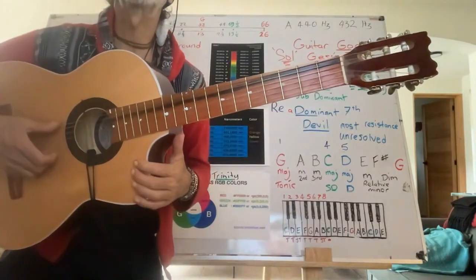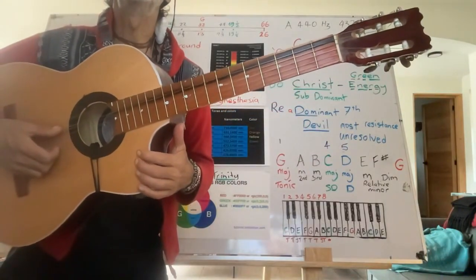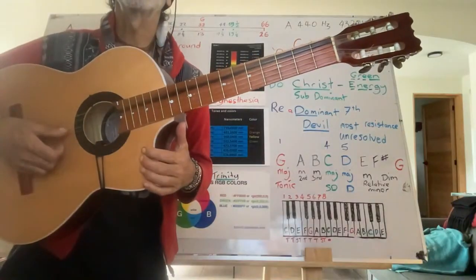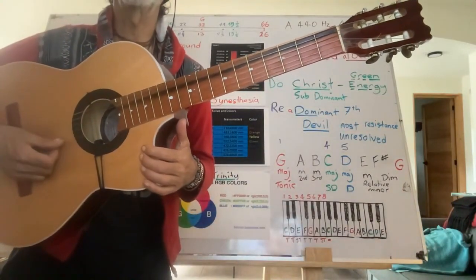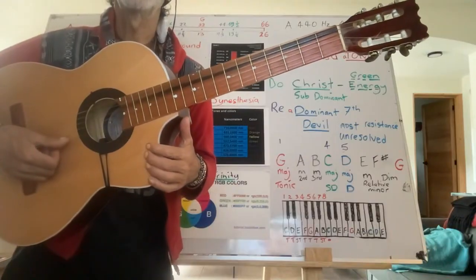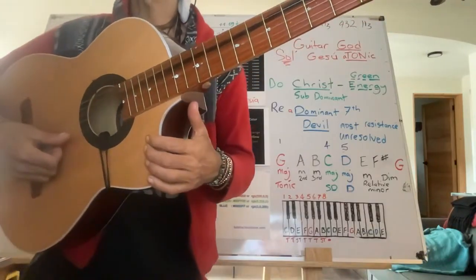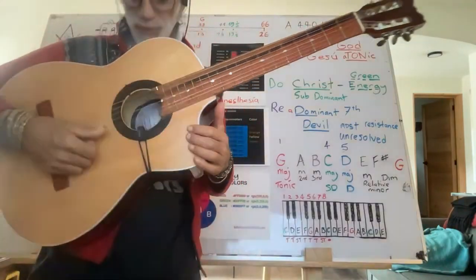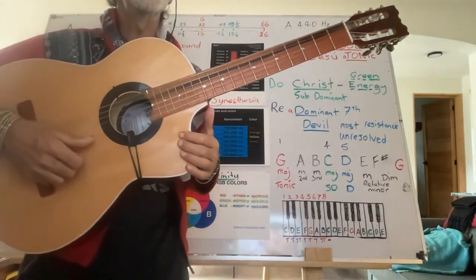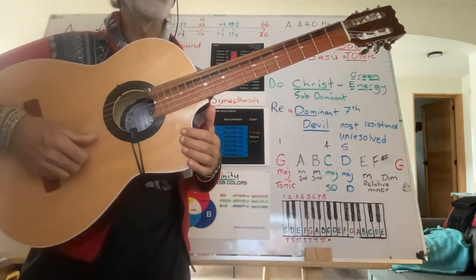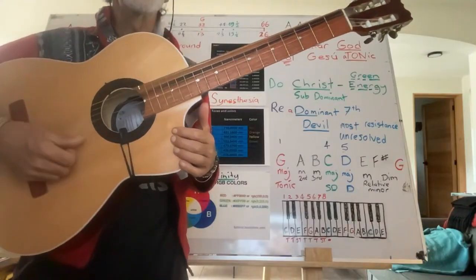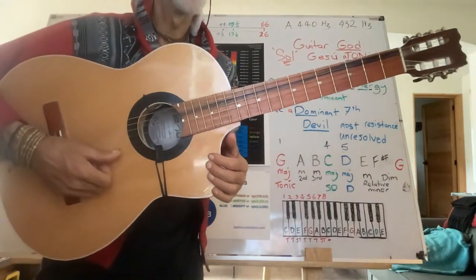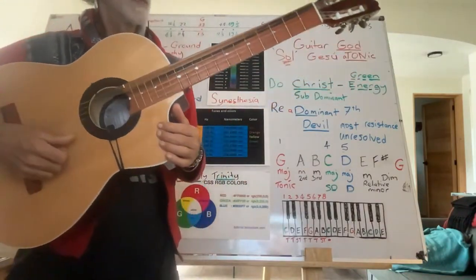So what you've got is D, G, the tonic, D, G, what's this? A, no, B. So of course B. Wait a minute, that can't.